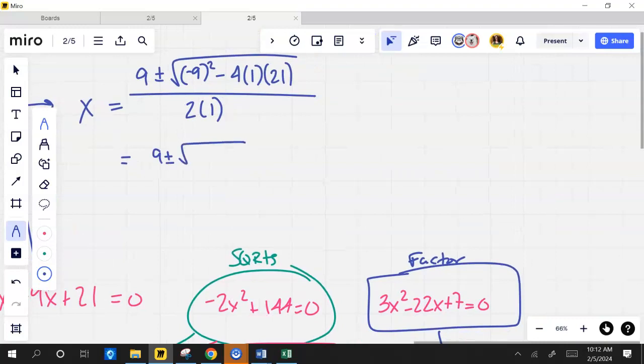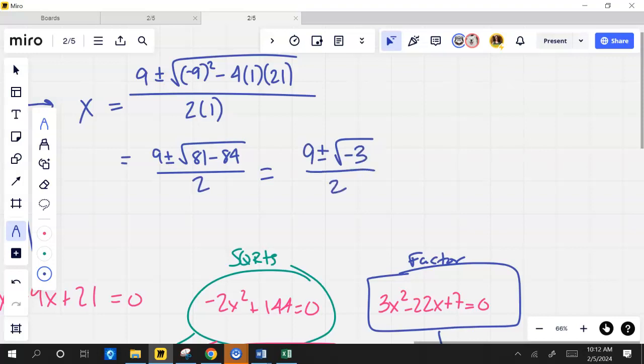9 plus or minus the square root of 81 minus 84. Ooh, this is nice. I got a -3 under there. What in the world does that mean? I got to do the imaginary. So I'll get an i with a square root of 3.